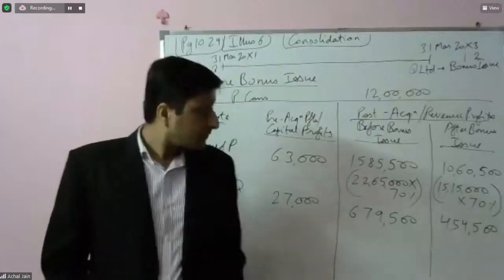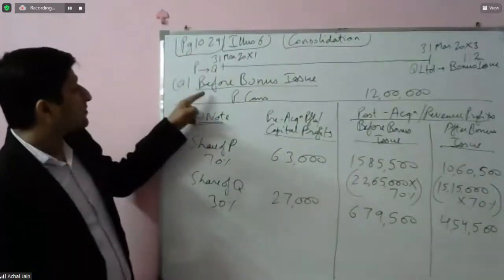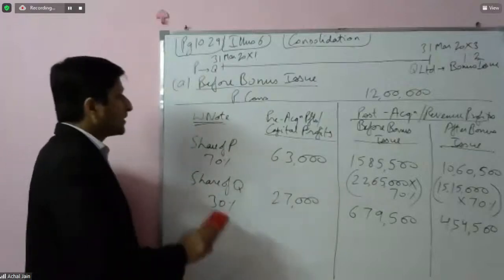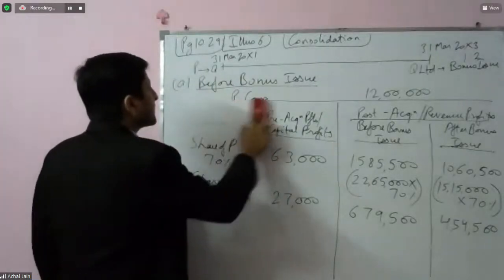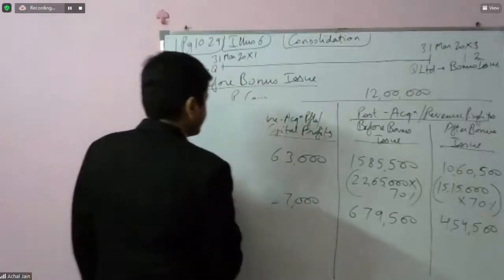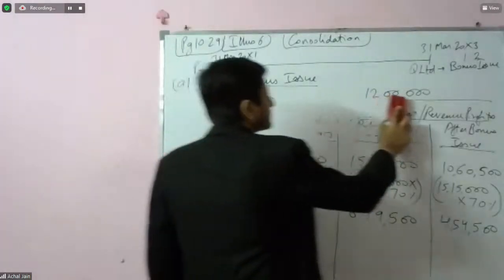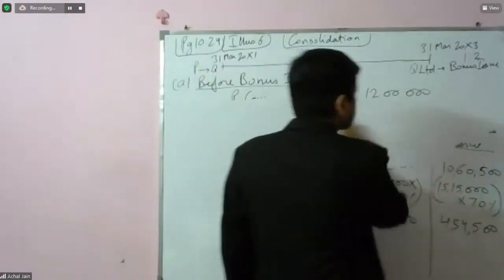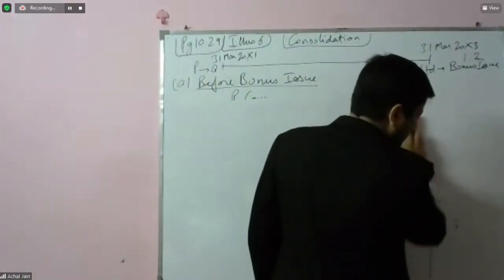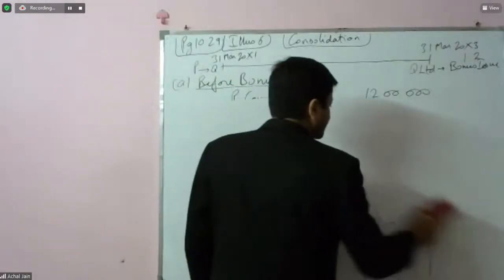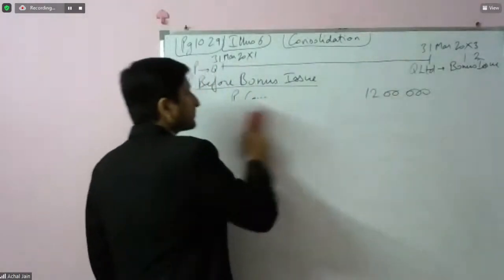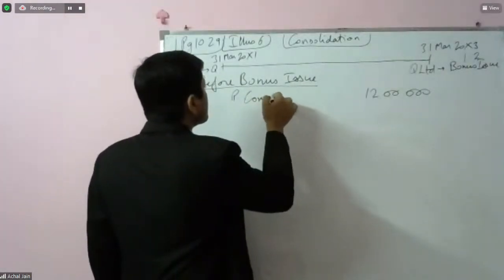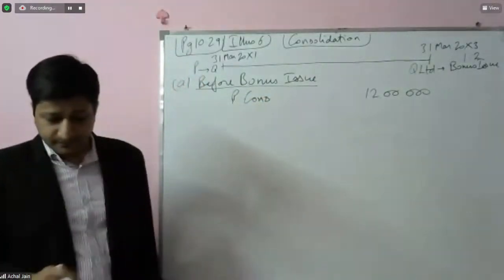Okay, so let's go back to this computation that we started with, because in between we have to come to this working note. So we can give this reference to working note now. So purchase consideration was 12 lakh.